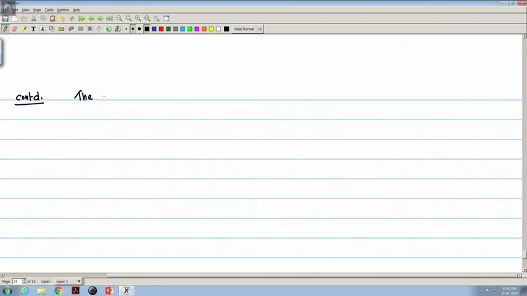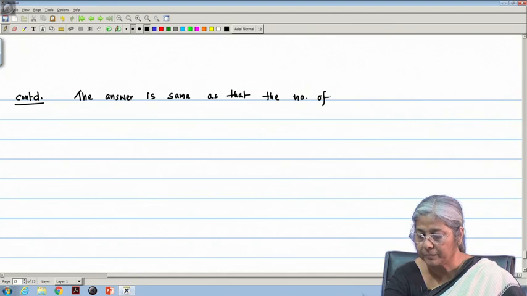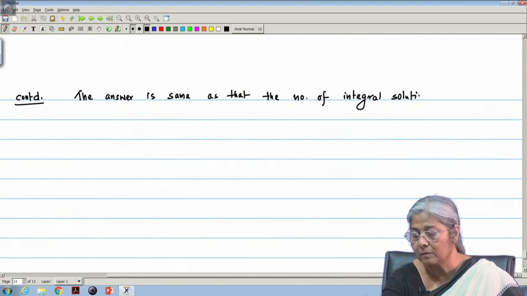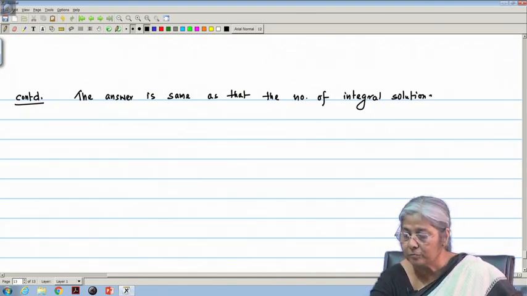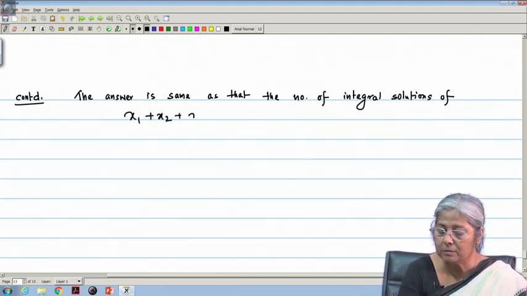So, the answer is the same as the number of integral solutions of x1 plus x2 plus x3 plus x4 equal to 10.